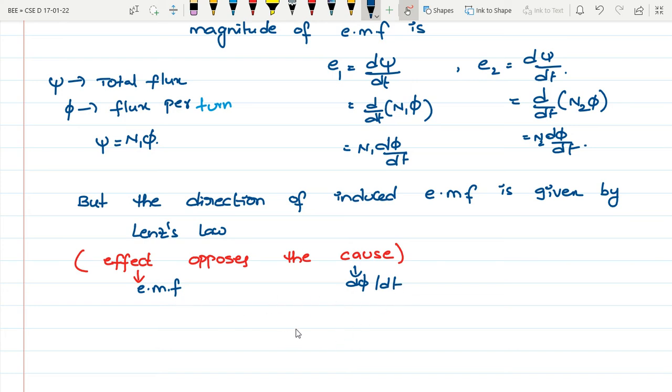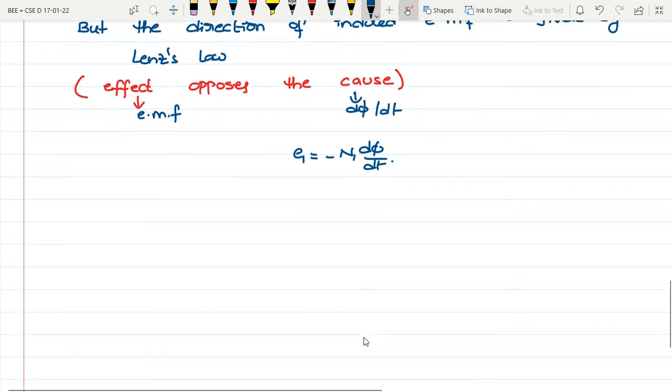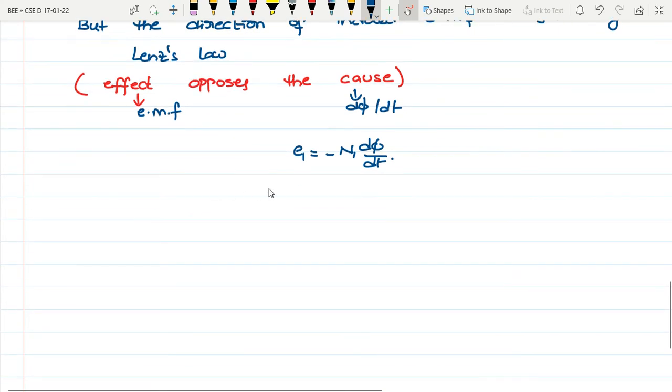Then how can you show that one? By putting a minus sign here, minus N1 d phi by dt. Here minus sign indicates that effect or EMF opposing the change in flux. So we know that phi is equal to, what is the equation we have?